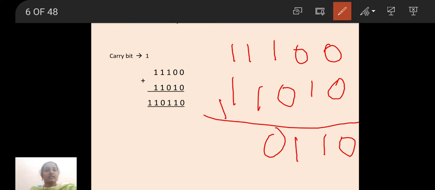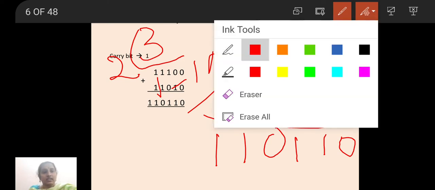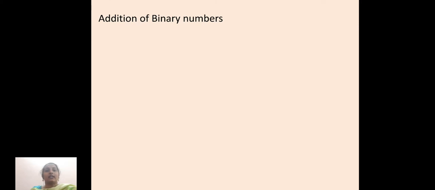Finally, 3 ones is equal to 11. Why? Because 1 plus 1 plus 1 is equal to decimal 3. Decimal 3 is equal to binary 11, so we are getting remainder 1, plus 1. Is it clear? So finally the answer is 1, 1, 0, 1, 1, 0. Is it clear? Okay, so in this way we will perform binary addition.